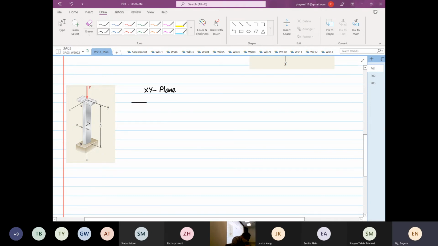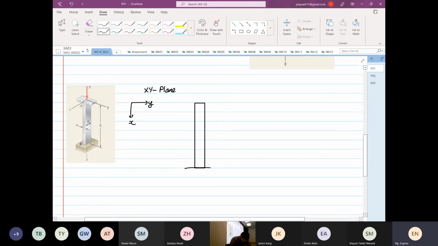This is our Y. I'm following the transformation that's given by the book. This is X. So I'm going to draw that view. When we sketch that view, what do we see? We see this.